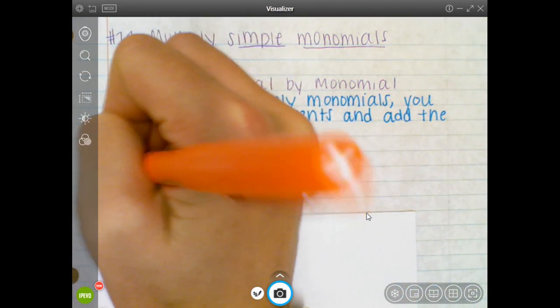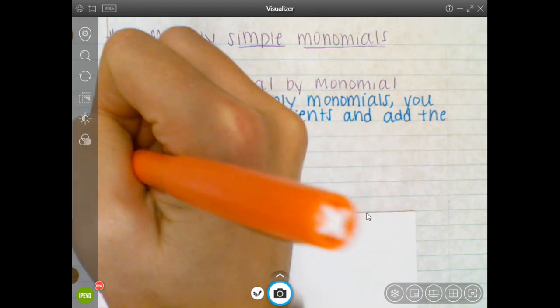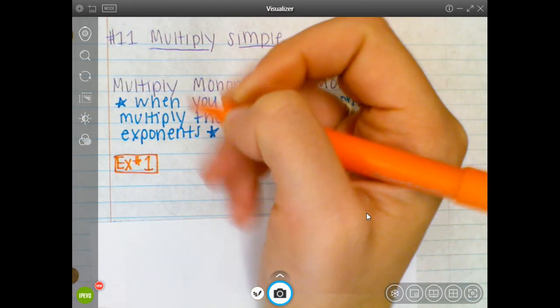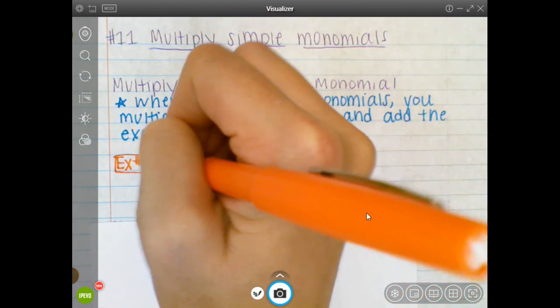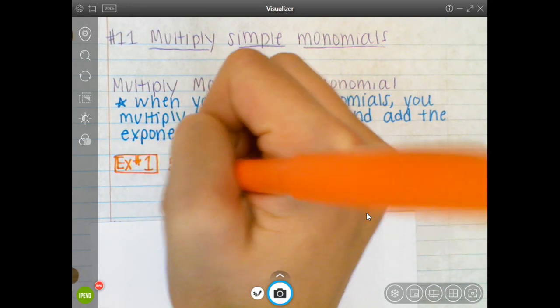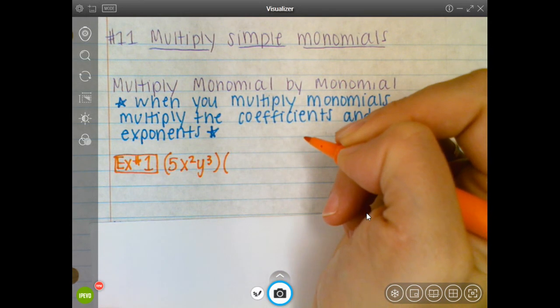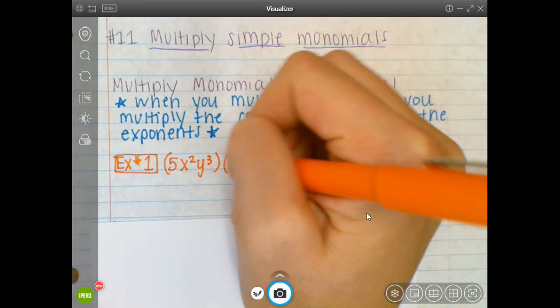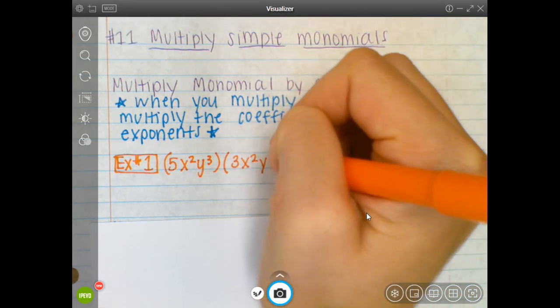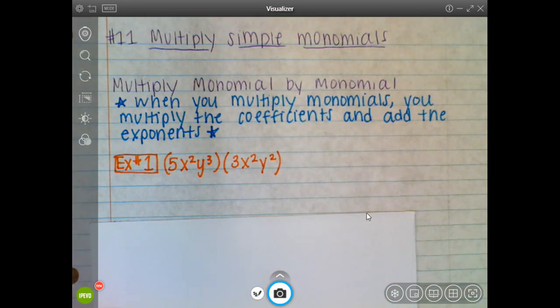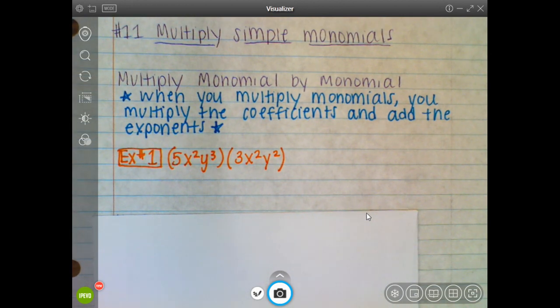So example number 1. Let's do 5x squared y3 times 3x squared y2. So we said that you're going to multiply the coefficients and add the exponents.